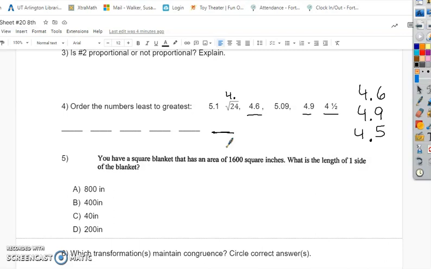So whatever the square root of 24 is, that's going to go here. Then you're going to compare these. Right now I can tell this one is the smallest of these 3, and this one is the biggest of these 3. And the 5s will go on the last 2.